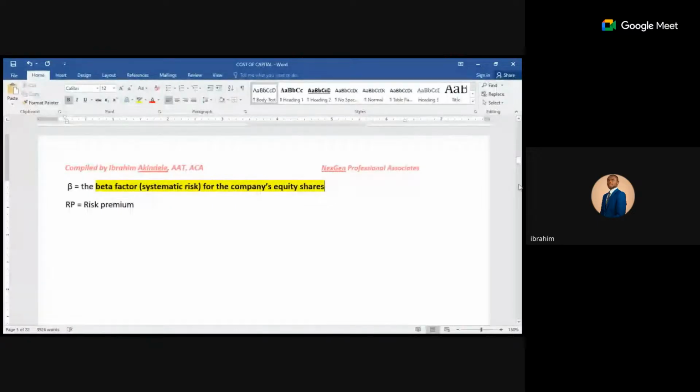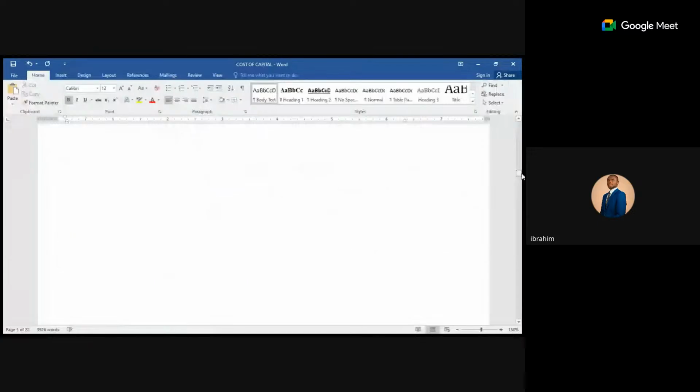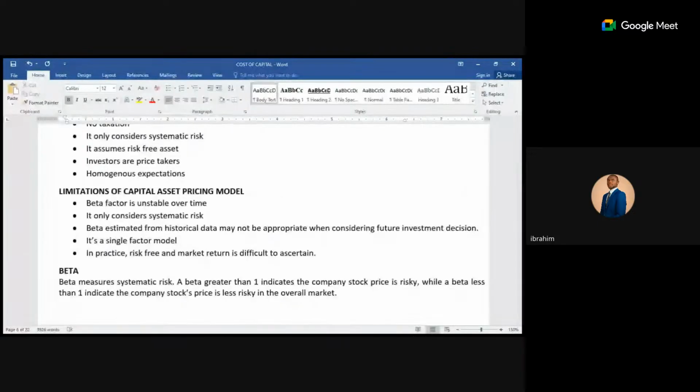So, lastly, beta measures systematic risk. We already talked about it in the previous one, that beta means systematic risk, that is unavoidable risk.